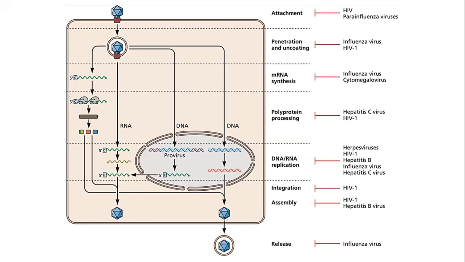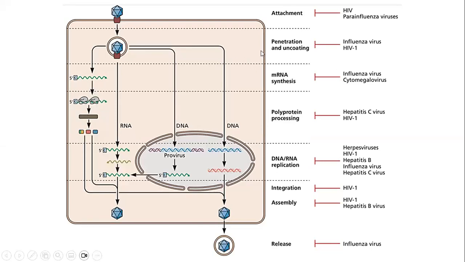If the virus cannot leave the cell, then it cannot infect more cells, and you're essentially preventing it from moving around. And yeah, there are different steps that we're trying to work on antivirals for. So polyprotein processing, for hepatitis C and HIV, and mRNA synthesis in influenza.